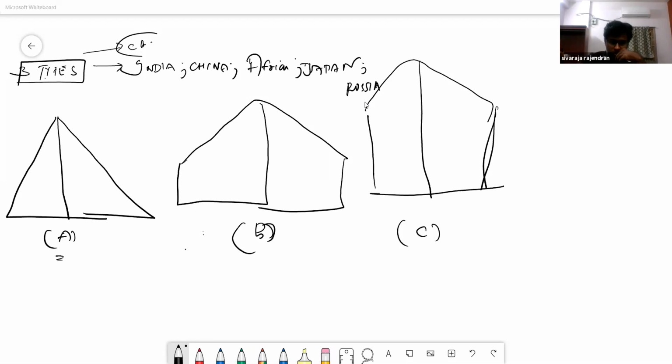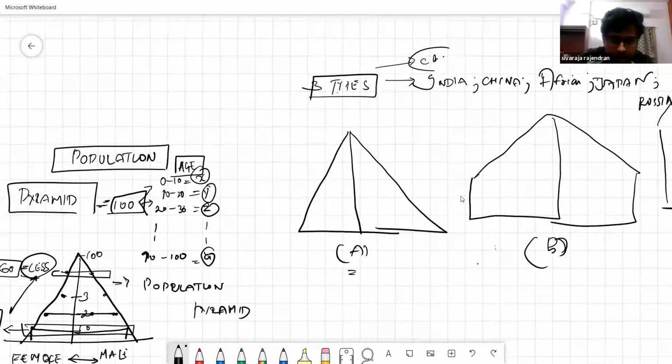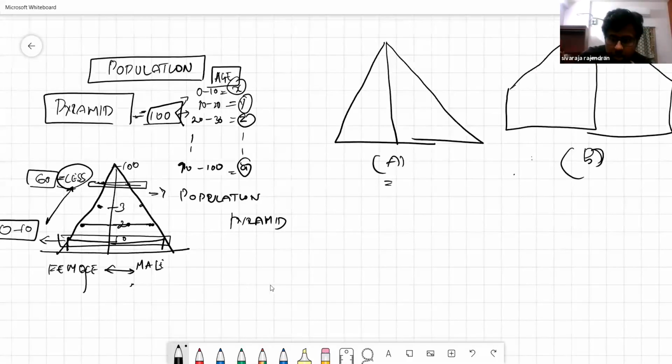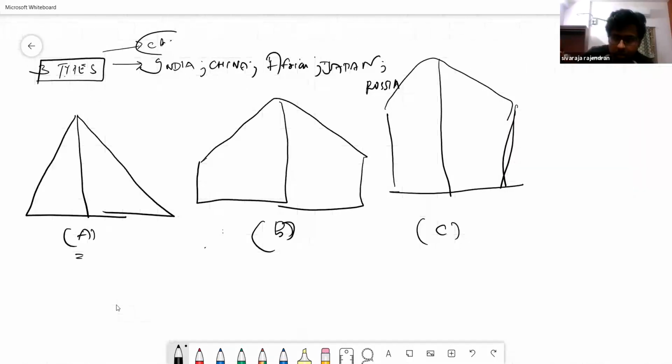But now come to here. What I said was, look at this pyramid, if this is higher, 0 to 10 is high, this is low. 0 to 60 is low. So this is around 60 years, or 50 years.